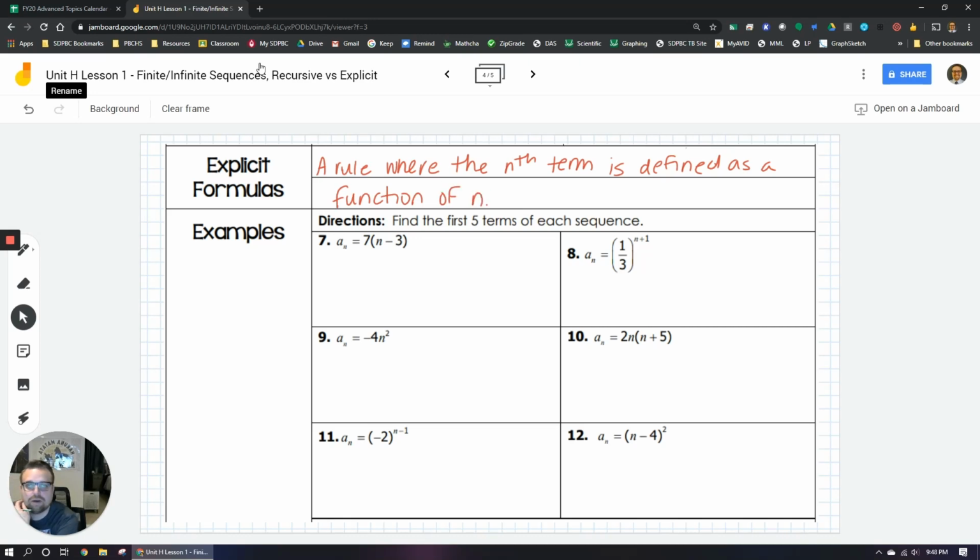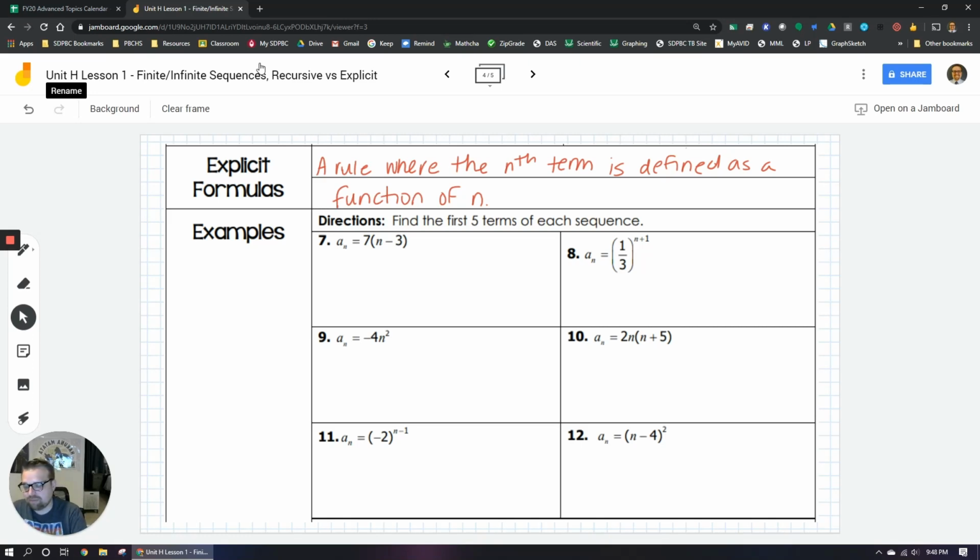You don't need to know any of the terms in the sequence in order to find any of the other terms. So this is different from recursive, because in recursive you need to know something about the sequence already and what is in the set in order to go ahead and apply the rule.